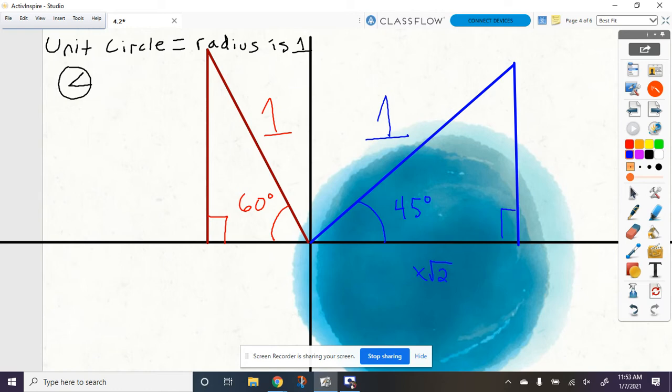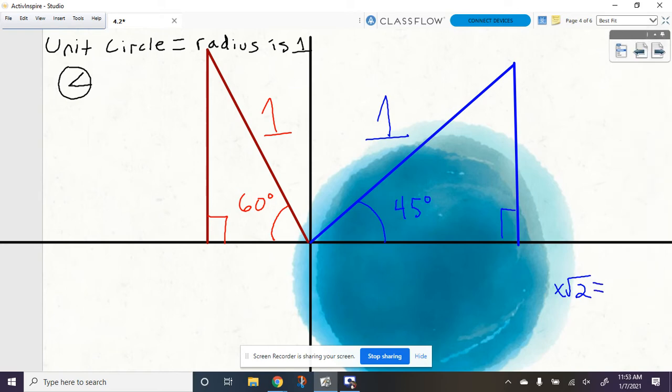And I know that my other two sides are going to be x. So we need to find out what x is in order to know our other two sides. Well, if we know that this equals 1, then what does x have to equal?